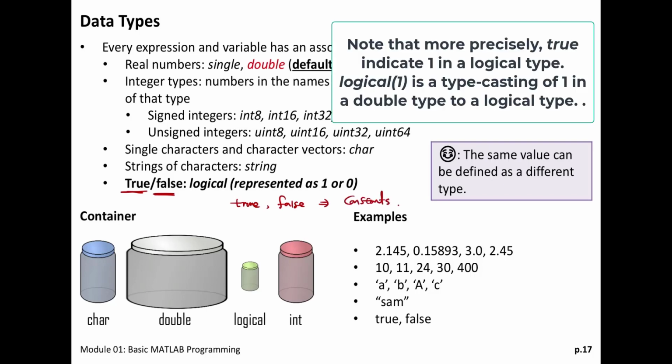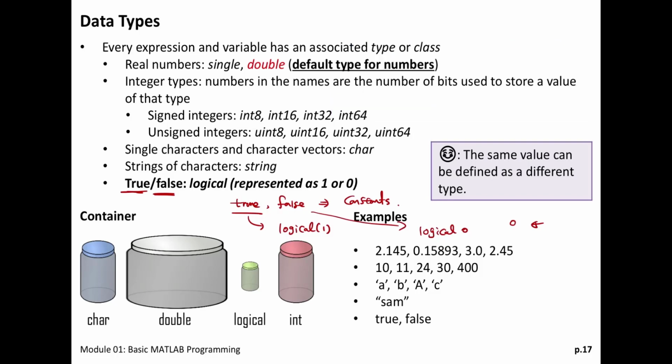True represents the logical one, and false represents the logical 0. What it means is false is like a 0, but this value is a logical type. These logical types contain only two values, 0 or 1, like true or false.